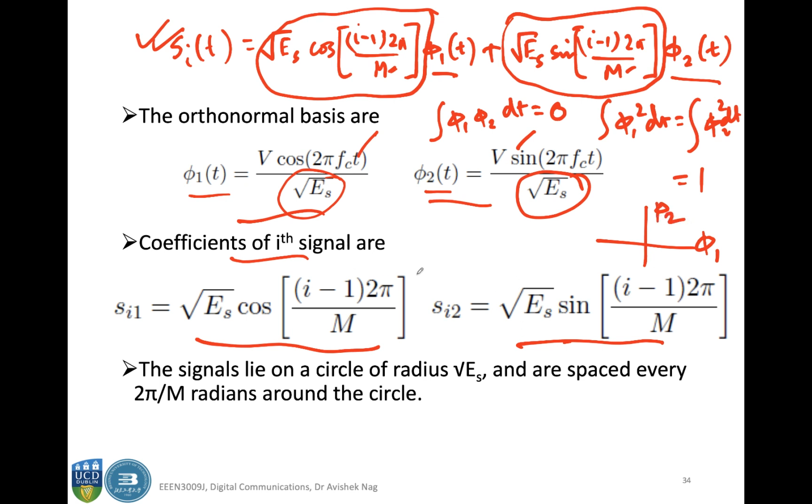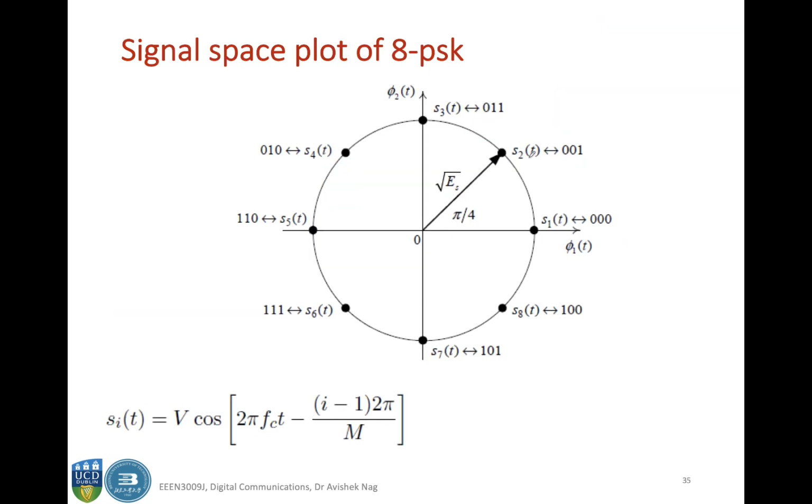If you plot these different signals, you will see that all the signals lie on a circle of radius square root of Es and are spaced 2 pi over M radians apart around the circle. So this is how it will look. This is a special case of 8-PSK where M equals 8.